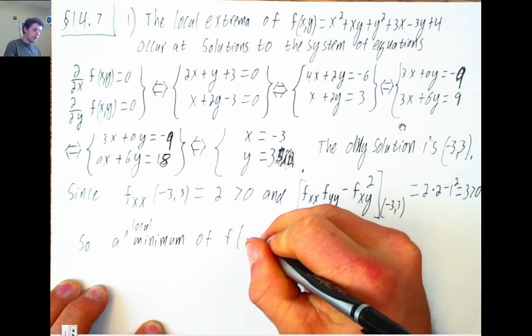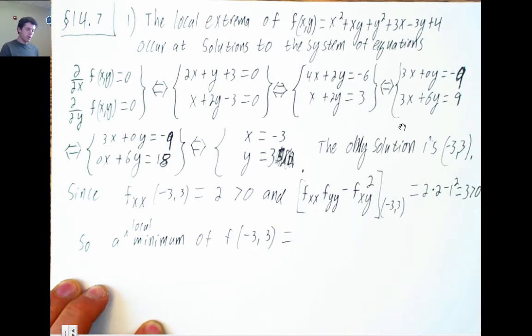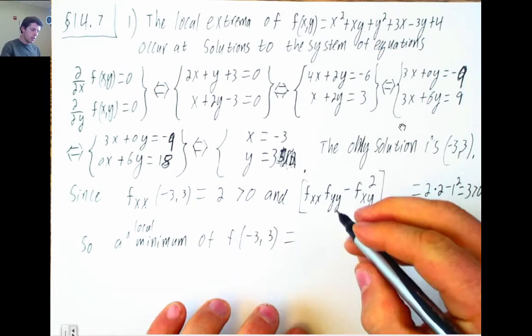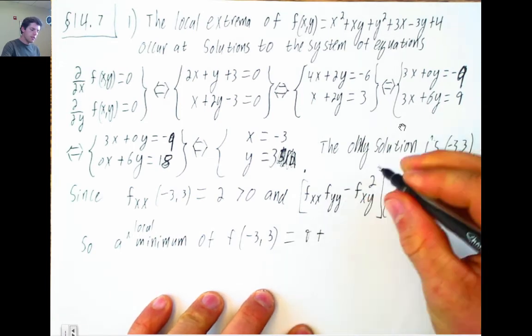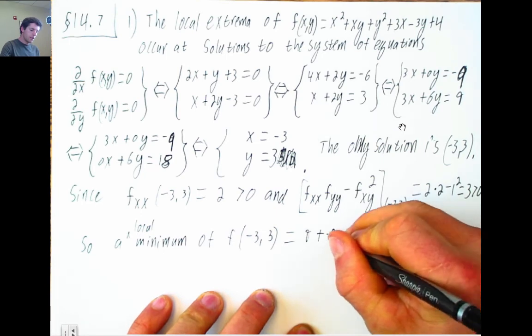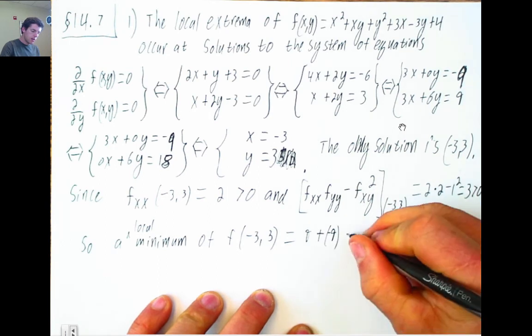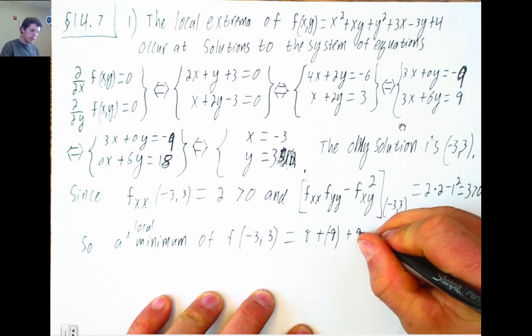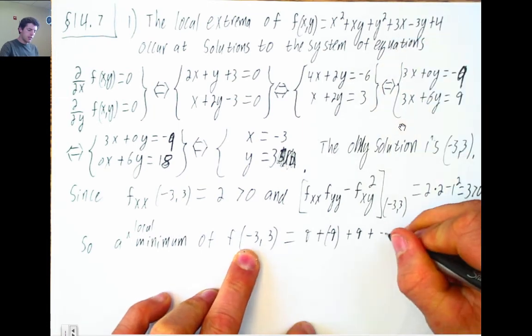And the value of the function there is, let's see here, negative 3 squared, that's 9, plus 3 times 3 is 9. Oh, with a negative sign, though. Oh, cool, so those will cancel each other. Plus 3 squared is 9. Plus 3 times x is negative 9.